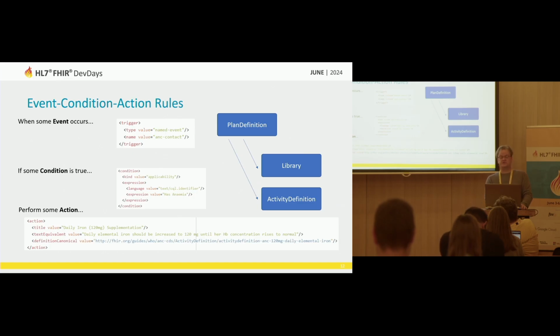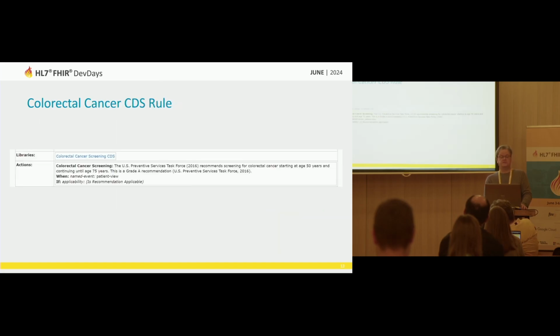So when some event occurs, if some condition is true, then perform some action. The plan definition points to a library to evaluate that condition. That's where the CQL lives. And then the plan definition points to an activity definition to surface whatever you're doing, whether it's order a medication, apply a procedure, whatever it is. So with the case of the colorectal cancer CDS rule, this is the narrative view of the published IG for that plan definition.